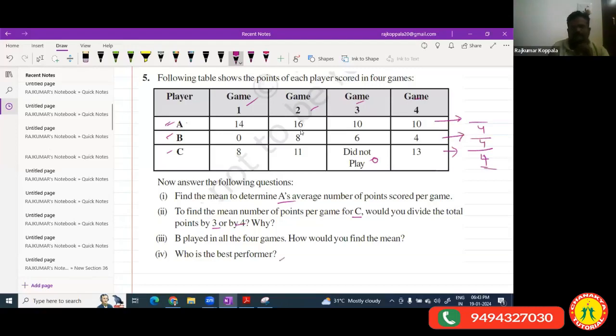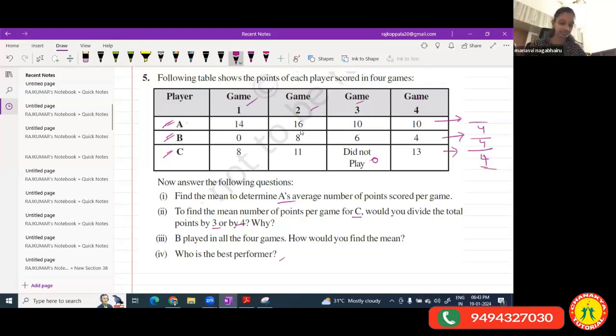Who is the best performer? So you only find the mean of A, B and C and then tell me the answers. I will ask individually. Individually you solve the problem. Okay. Right, Manasi? Already you know how to find it now. Yes, sir, everyone knows.